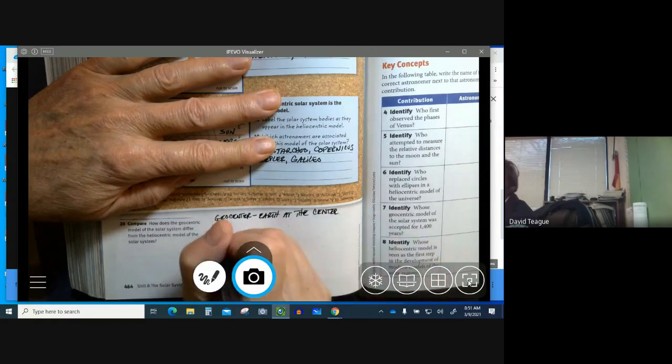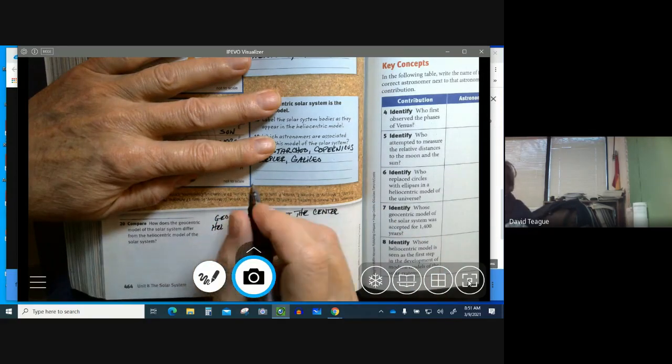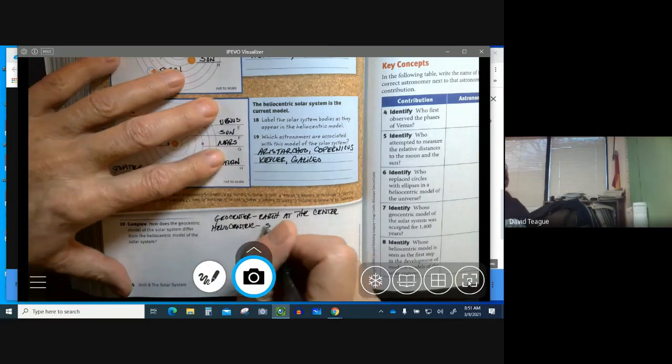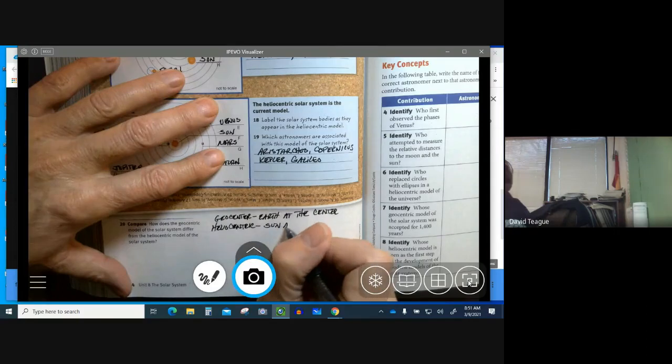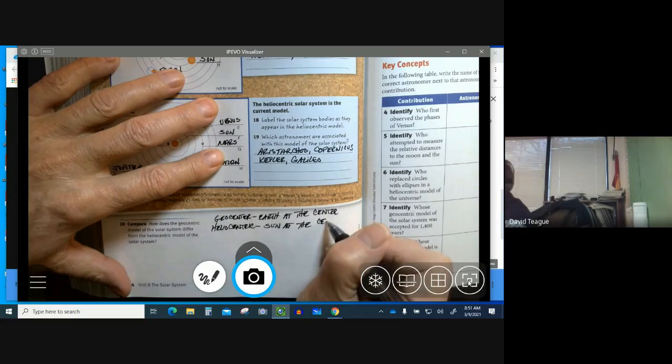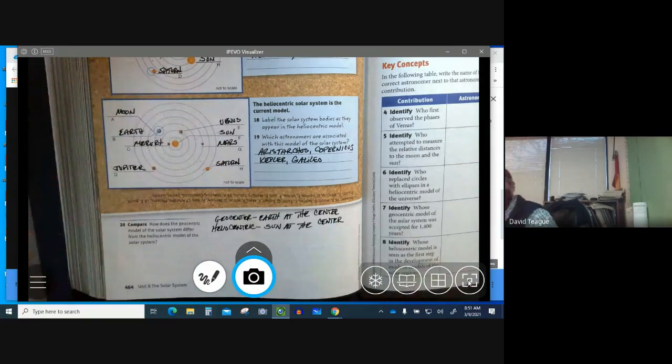And heliocentric is the sun at the center. Okay. We won't get too much more complicated than that.